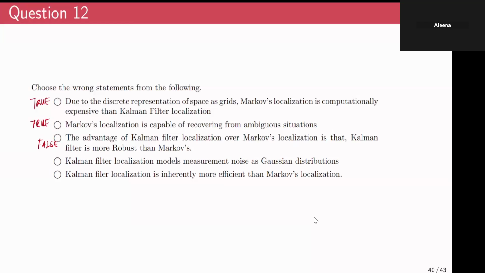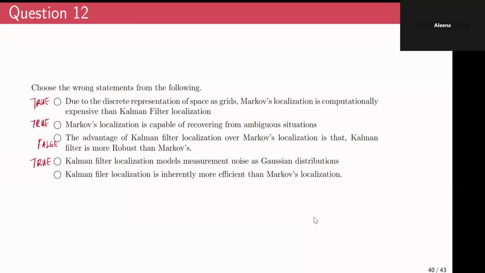The fourth option is Kalman filter localization models measurement noise as Gaussian distribution. That is also true, by the assumptions that we make in defining the Kalman filter models.